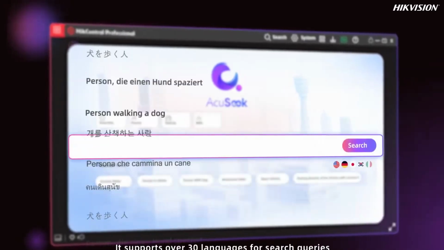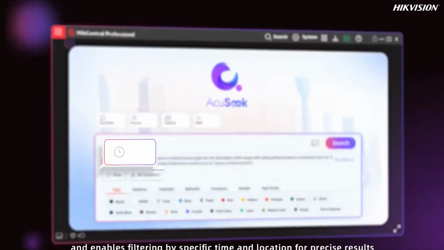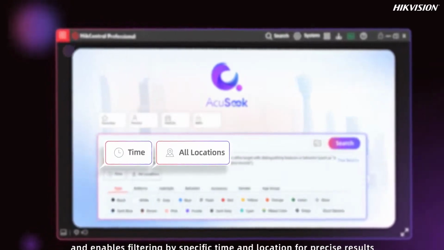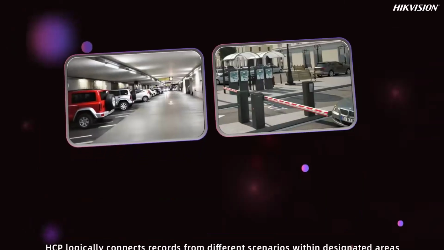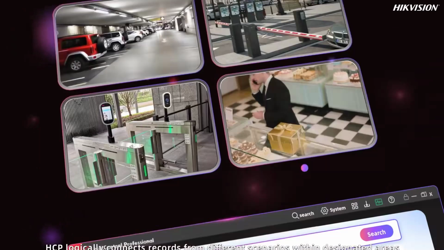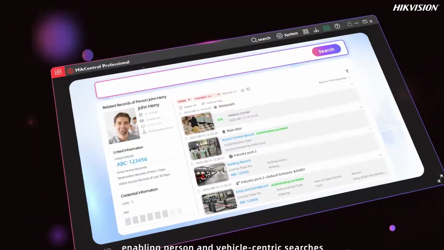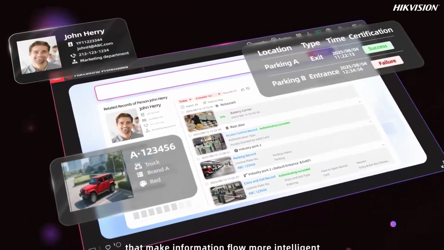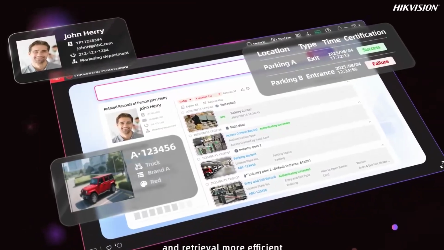It supports over 30 languages for search queries and enables filtering by specific time and location for precise results. HCP logically connects records from different scenarios within designated areas and authorized data sources, enabling person and vehicle-centric searches that make information flow more intelligent and retrieval more efficient.